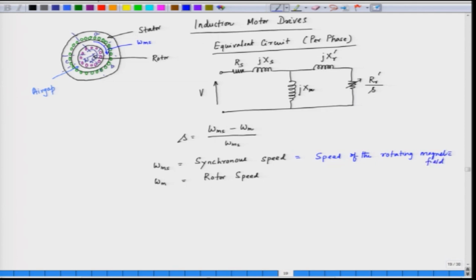The rotor will try to catch up with the rotating magnetic field, because when a rotating magnetic field is produced, the rotor has conductors which are short circuited, and this short circuited conductor will have an induced EMF. The induced EMF will circulate current, and this current will interact with the field to produce a torque.